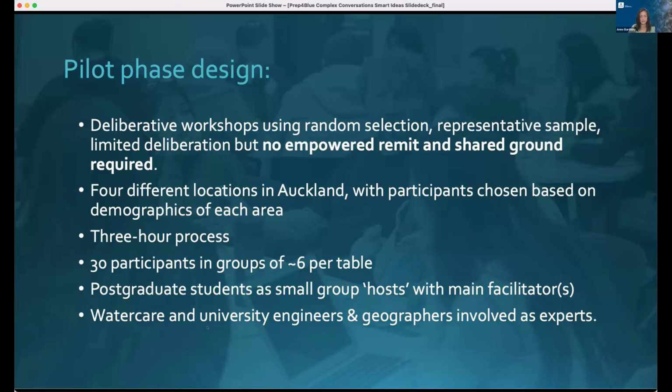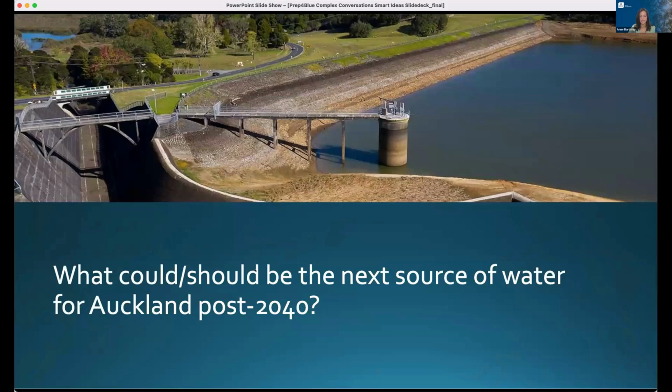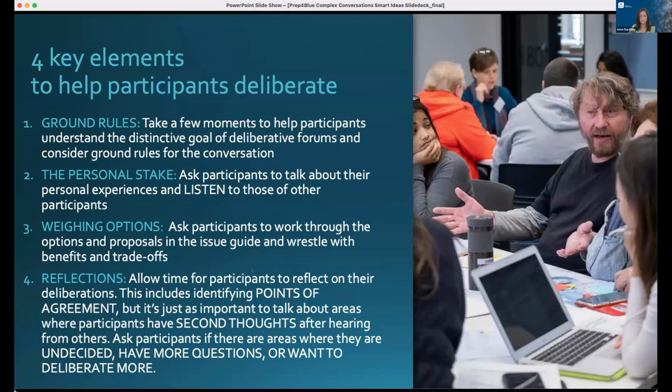We had about 30 participants in tables of about 6 per table, and we had postgraduate students as table hosts to help the conversation move. We also had WaterCare and university engineers and geographers in the room as experts. Again, the question was, what should be the next source of water for Auckland post 2040?